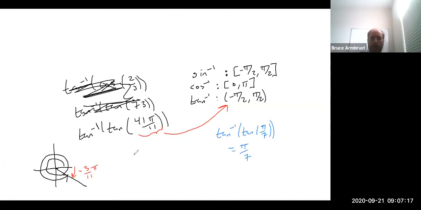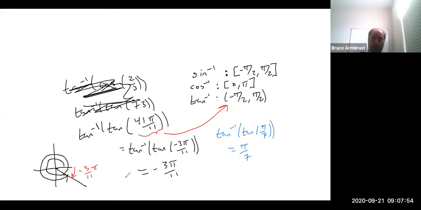So basically what we know then is that this is the same as the inverse tangent of the tangent of minus 3 pi over 11. I know that these are equivalent because these angles are coterminal, and coterminal angles have the same trig function values. But now minus 3 pi over 11 is in that interval. So the tangent and inverse tangent just cancel. And I'm left with minus 3 pi over 11.